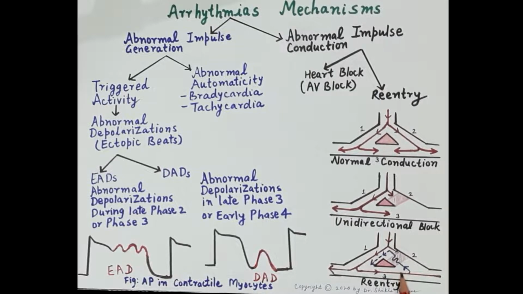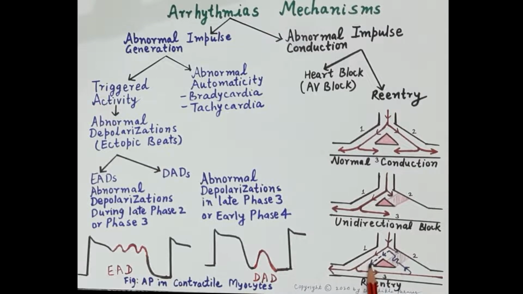Now, very important to note is this: this action potential, or this depolarization wave, is propagating in this branch 1 only because the cells are excitable in branch 1. If these cells in branch 1 become refractory, then this depolarization wave will not propagate.